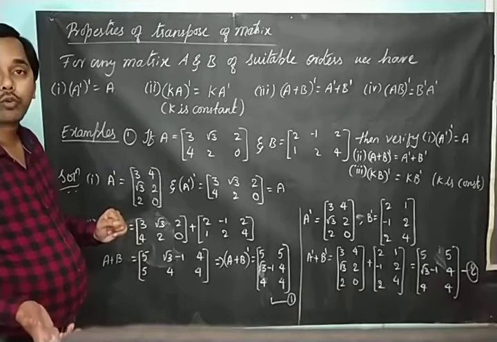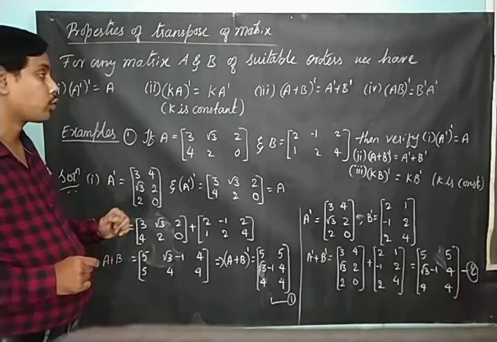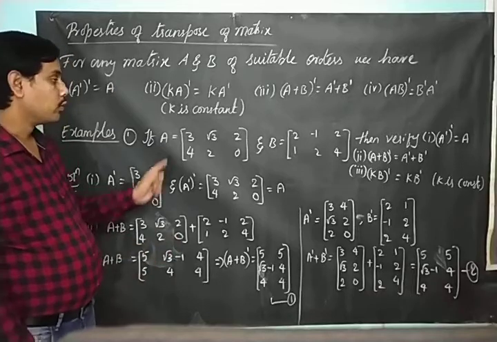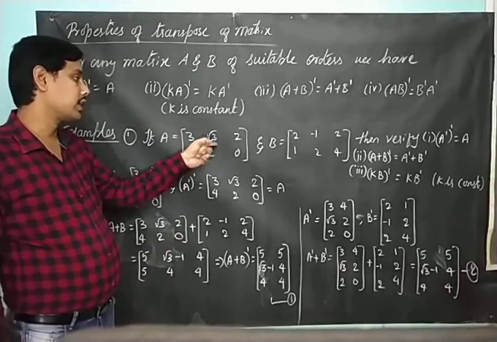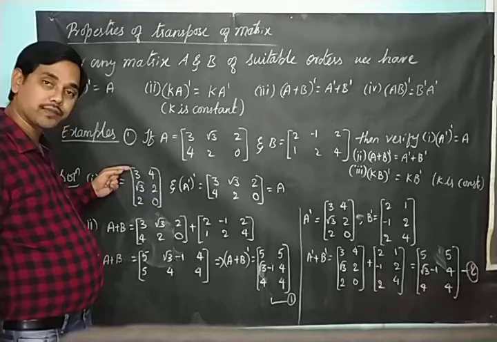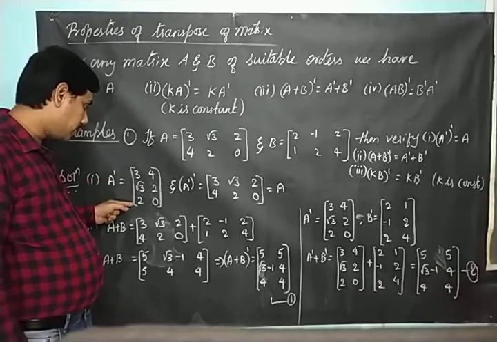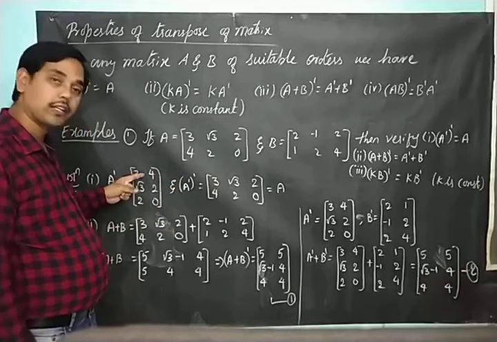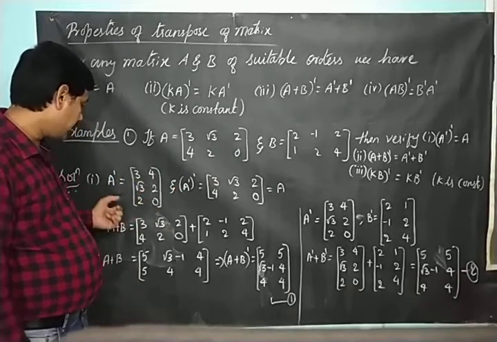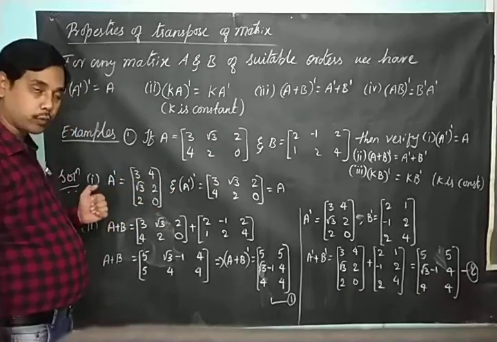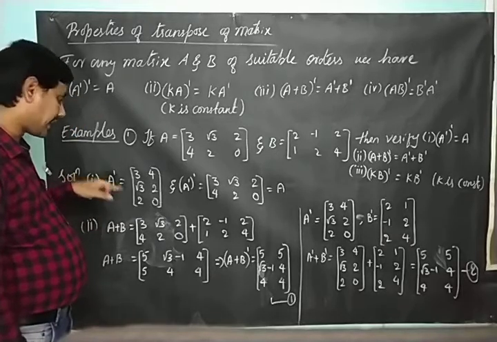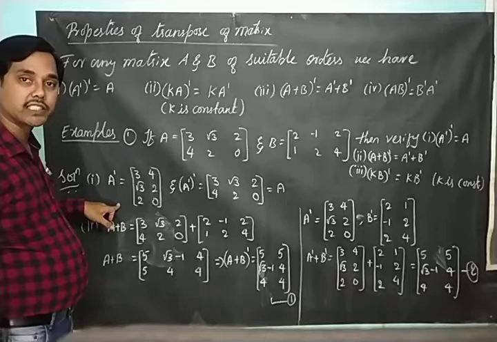Converting rows into columns and columns into rows. The first row becomes the first column here. What is the first row? 3, root 3, 2. So it becomes the first column. And the second row, 4, 2, 0, becomes the second column. Now this is A transpose.